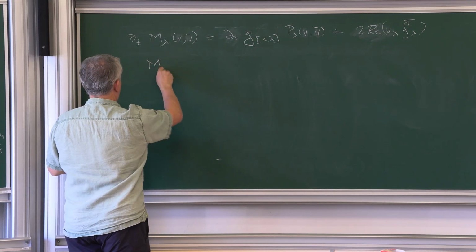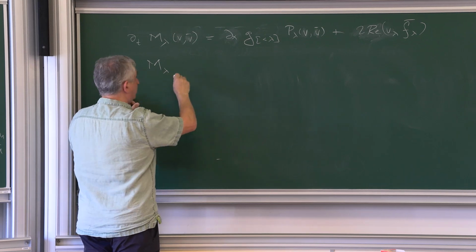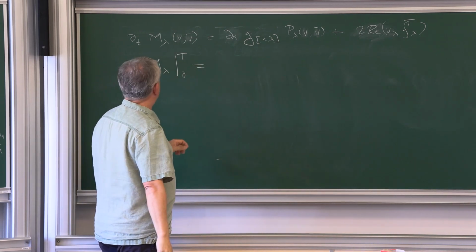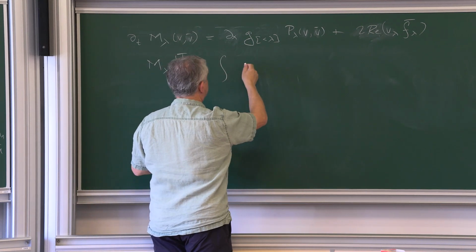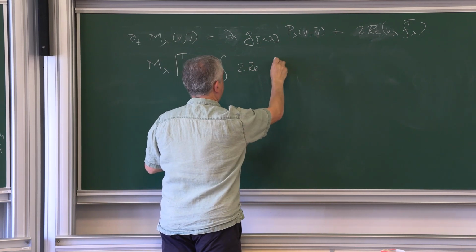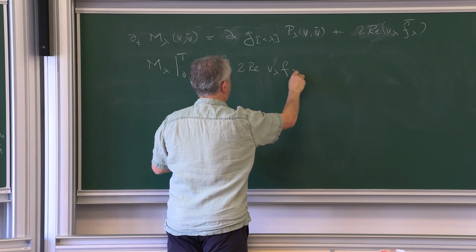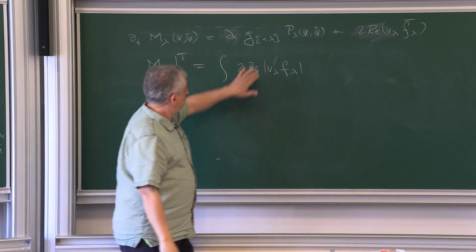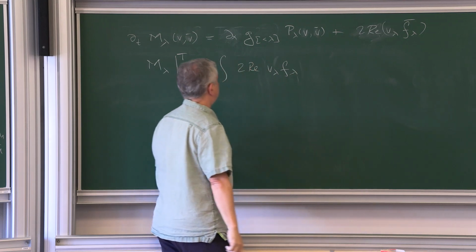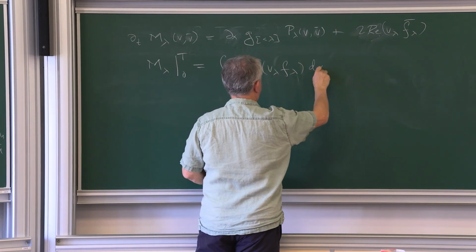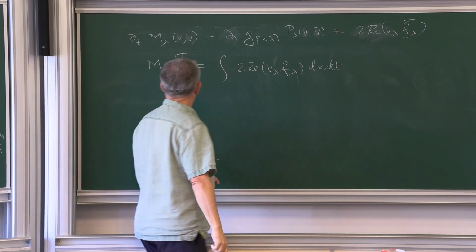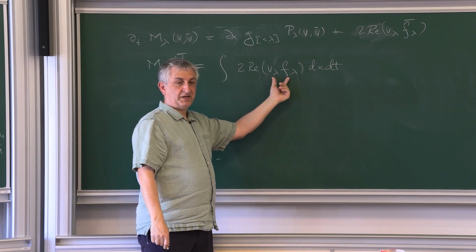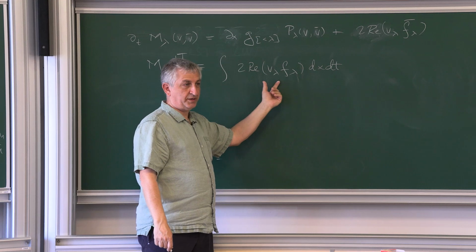So m lambda, that should be blue, really, between time 0 and time t, is equal to the integral of this, two real part v lambda f lambda, dx dt. And so if I want to think about this perturbatively, then I should better hope that v lambda times f lambda belongs to L1.